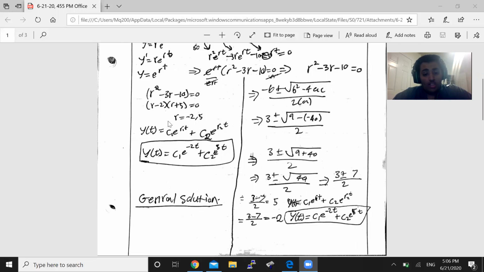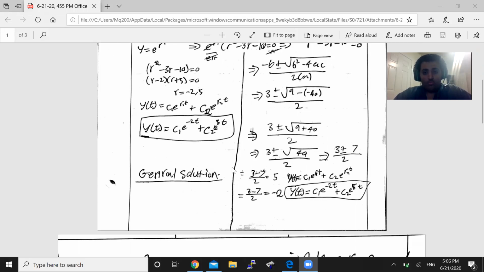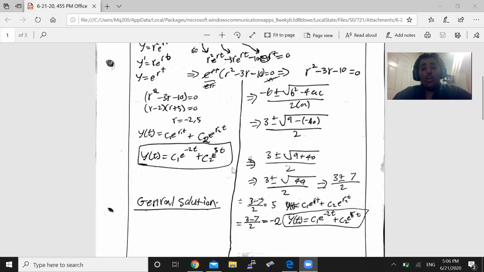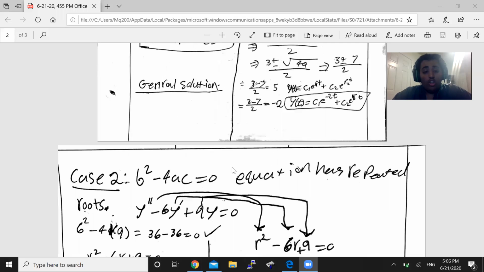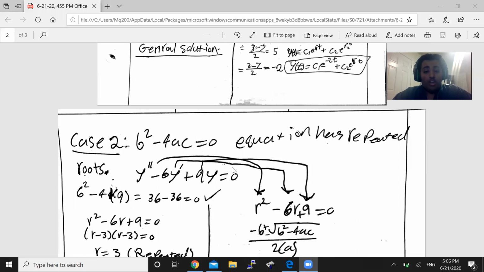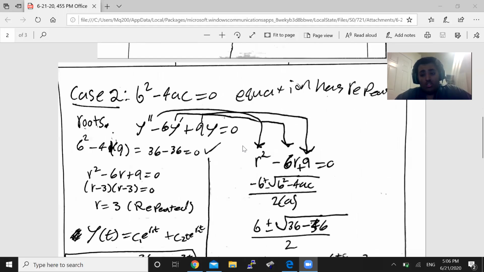I also got the same solution here. Just plug it into the equation you already have, which is y of t equals c1 e to the rt, etc. That's how I know it's two distinct solutions. I got two answers.